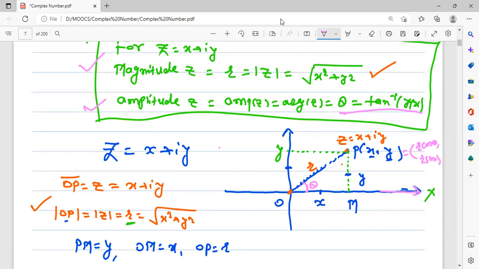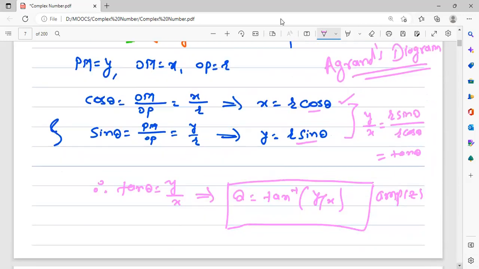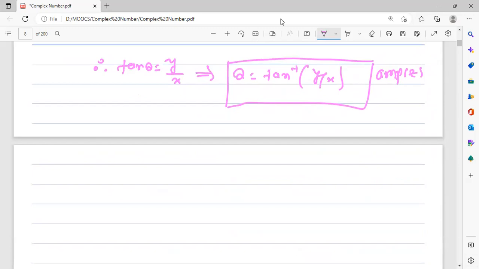This representation of a complex number is called the Argand diagram, which means a graphical or pictorial representation.